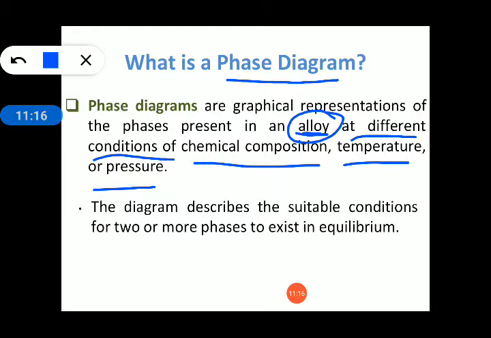The diagram describes the suitable conditions for two or more phases to exist in equilibrium.